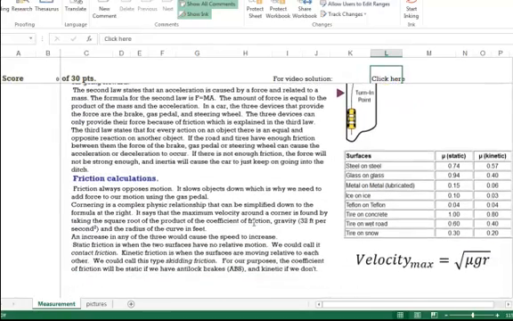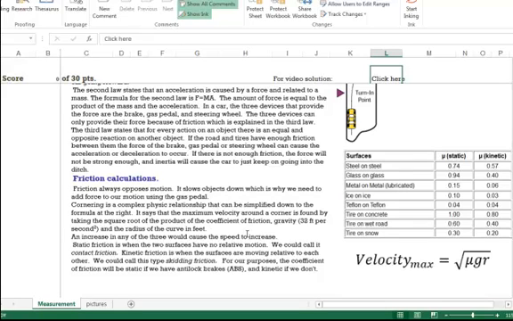Friction calculations. Friction always opposes motion. It slows objects down, which is why we need to add force to our motion using the gas pedal. Cornering is a complex physical relationship that can be simplified down to the formula at the right.